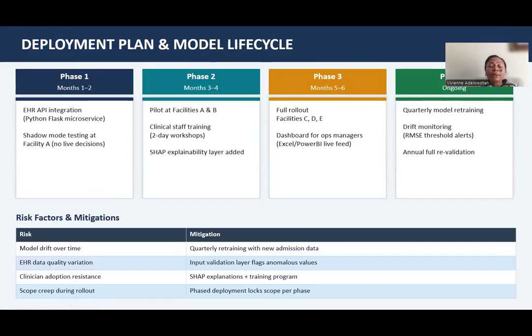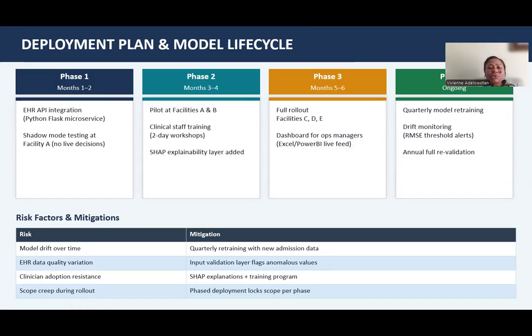Model plan, deployment plan and model life cycle. Deployment is staged deliberately here. The shadow model in phase 1 means clinicians can see predictions without being bound by them.